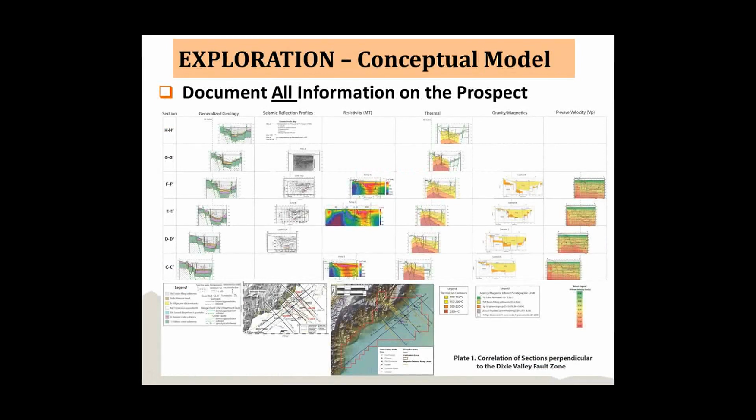By summarizing the data here, all the team members that we have can independently review this and provide their input, and we can generate an interpretation of what's taking place.